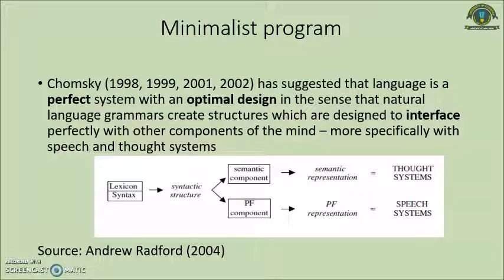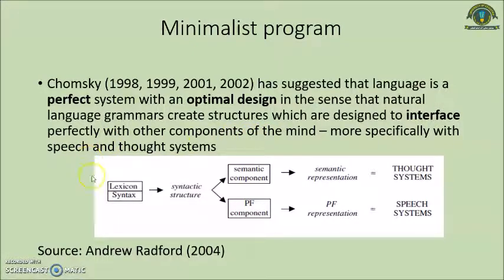Physical things means phonetic form, phonological form. So this diagram is basically going to highlight that language is a perfect system, it has optimal design, and it is designed to interface perfectly with other components.